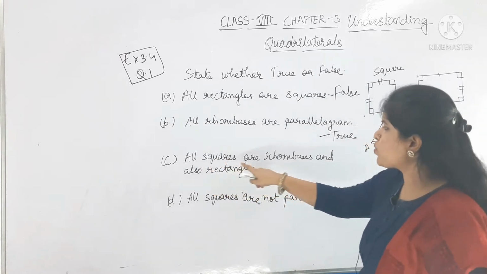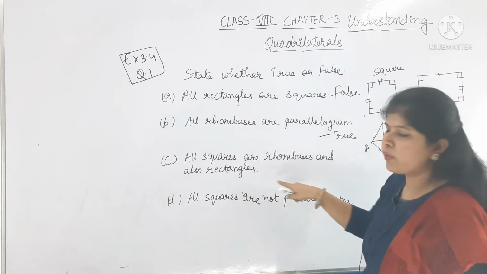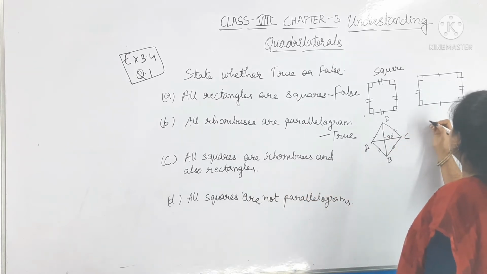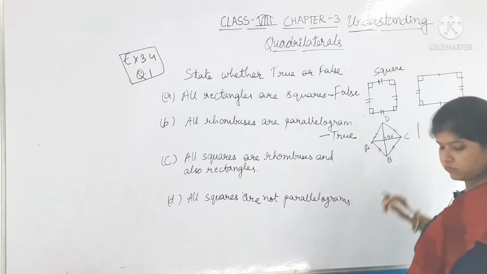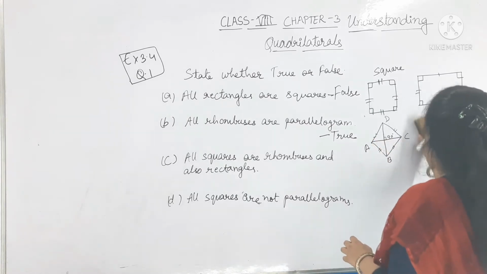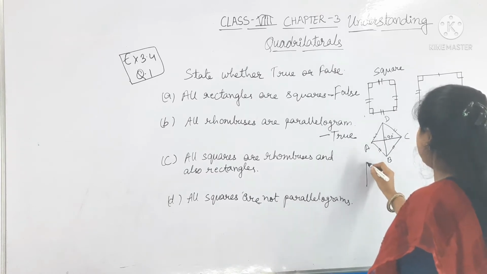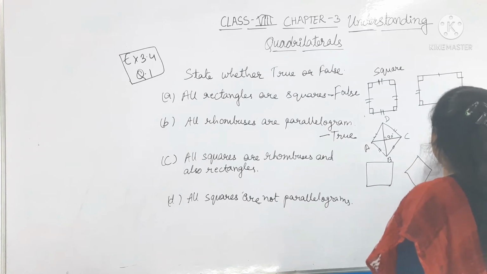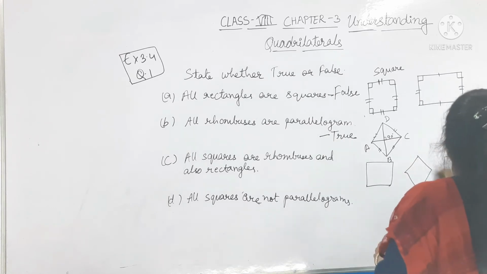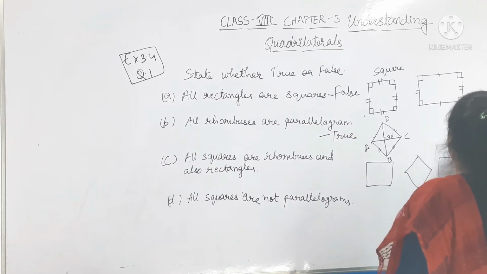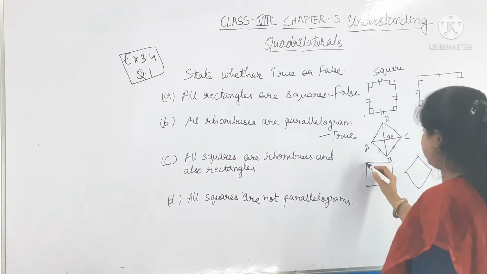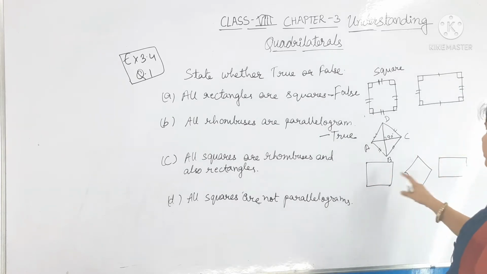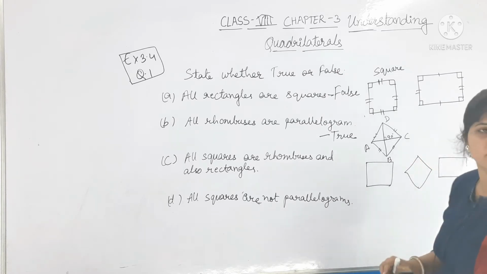Now part C: all squares are rhombuses and also rectangles. Here you can see this is a square, this is a rhombus and this is a rectangle. A square may be a rhombus, and it can be a rectangle, right?